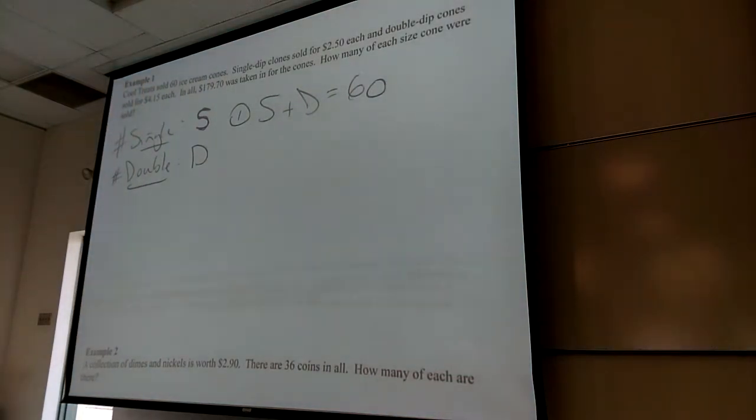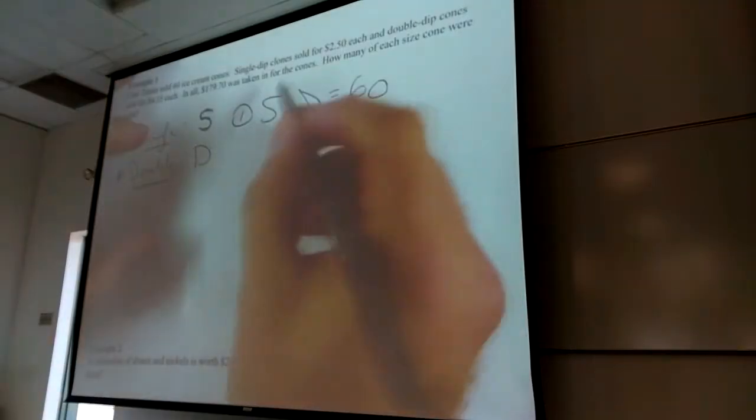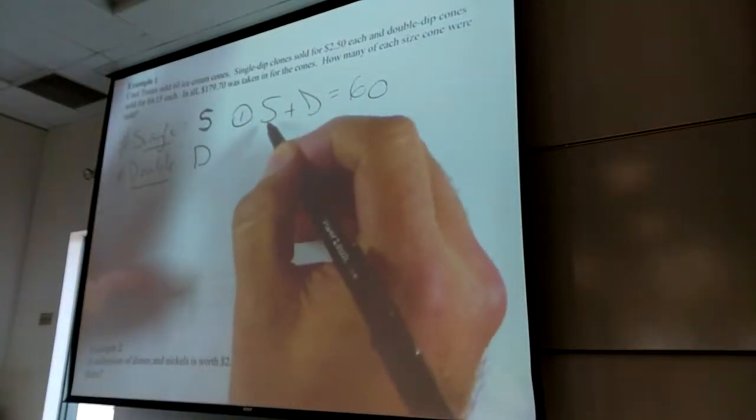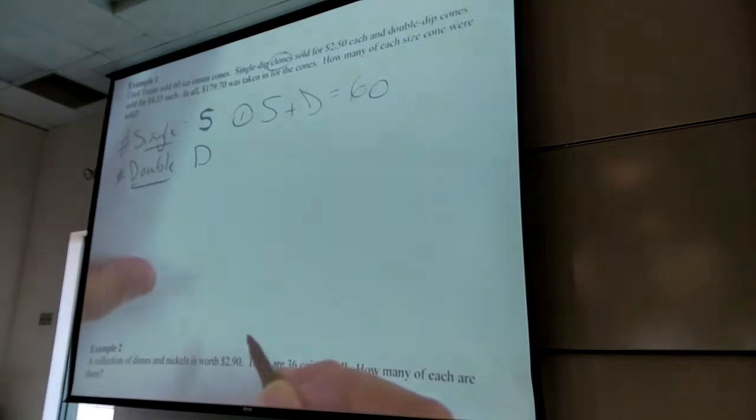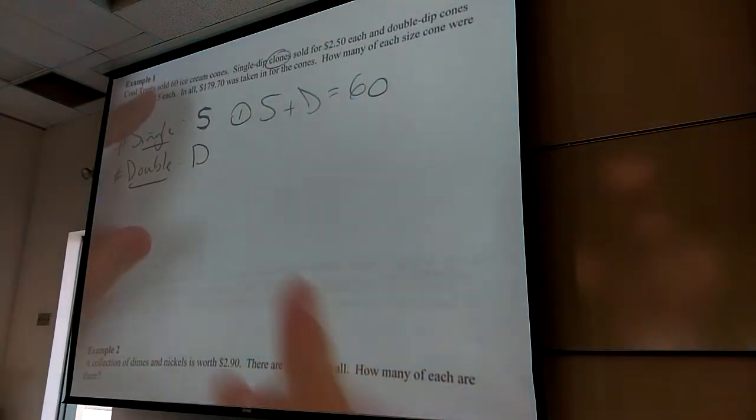Same way we brought the legs in for ducks and cows. If you weren't here, that's a really weird phrase. And the same way we just brought in the $5 per and the $1 per for the 5s and 1s problem. If I buy S, single dip, I love these cones, it's awesome. Just realized that.